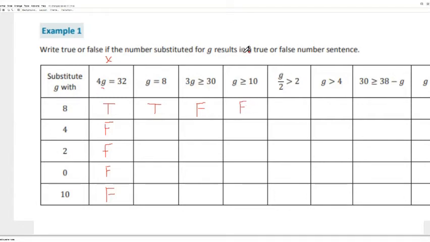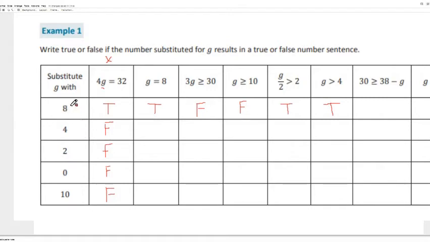Next, g divided by 2, I'm letting g equal 8, so 8 divided by 2. Is 8 divided by 2 greater than 2? Well, 8 divided by 2 is 4. Is 4 greater than 2? Yes, so that's a true statement, so I'm going to put T. Moving on, is 8 greater than 4? Because g is greater than 4, the answer is yes, so that's a true statement.